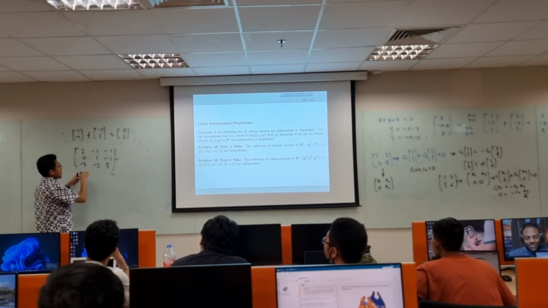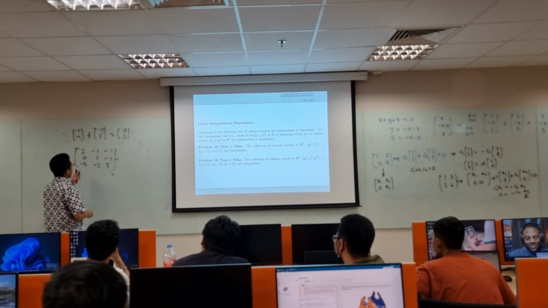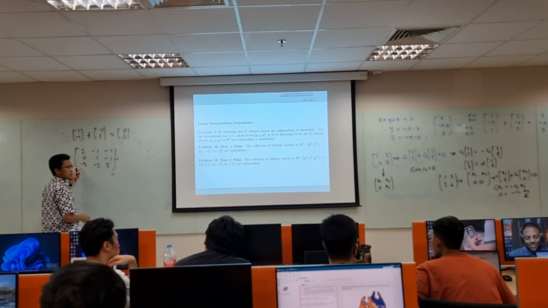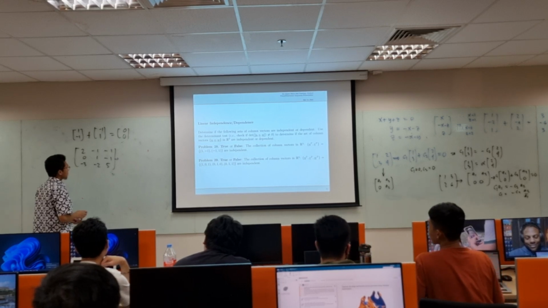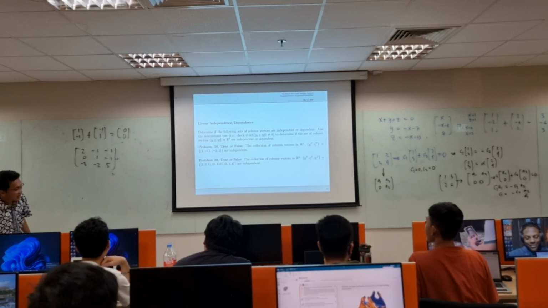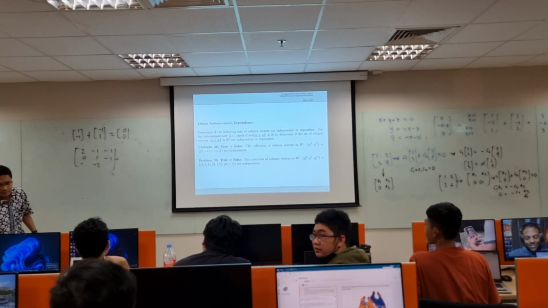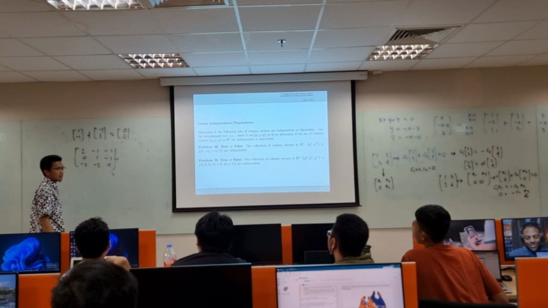What to do? Row 1 times 2? Let us make it simpler. Row 3 minus 3 row 1? For Gaussian row elimination, just like this.